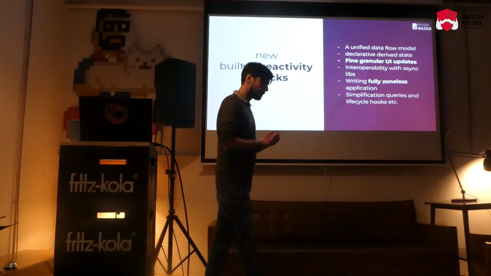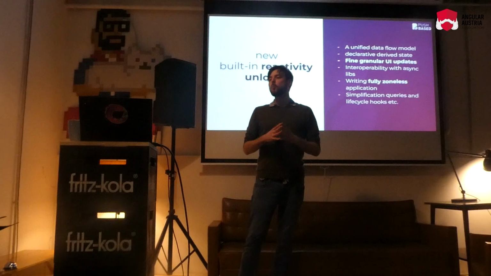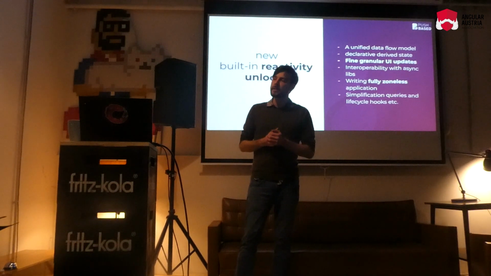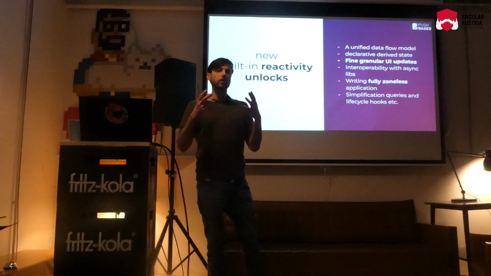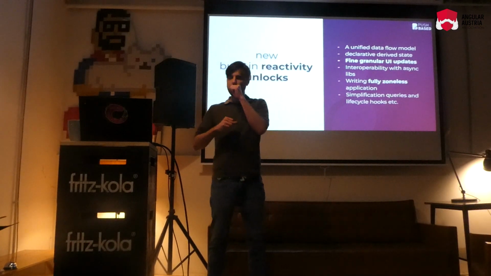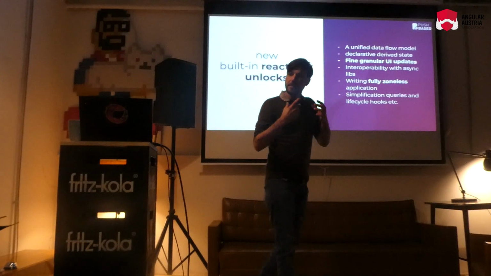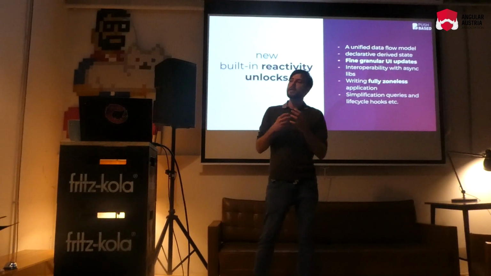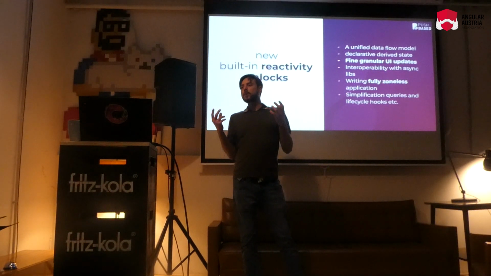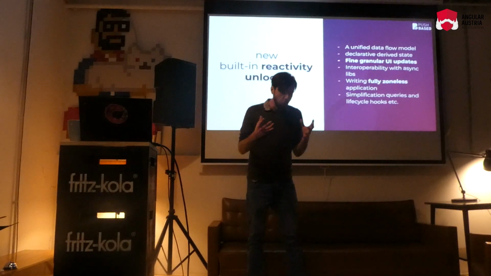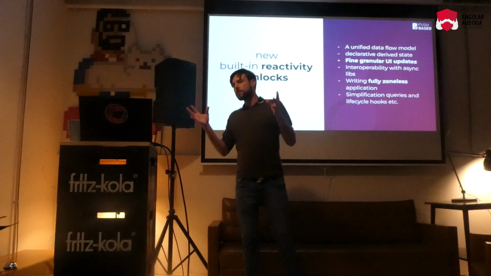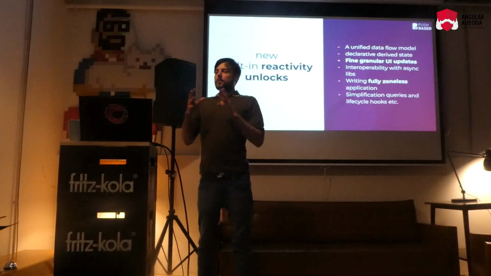Next, I will go into what this new built-in reactive primitive should unlock. So, what is their claim? They say that now with this smaller, easier new reactive primitive, we can agree on a unified data flow model, top to bottom, change detection, and so on.